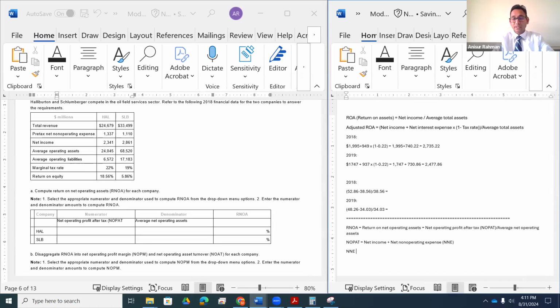NNE can be calculated as pre-tax NNE times 1 minus the tax rate. So what is pre-tax NNE? It is given to us, pre-tax net non-operating expense.